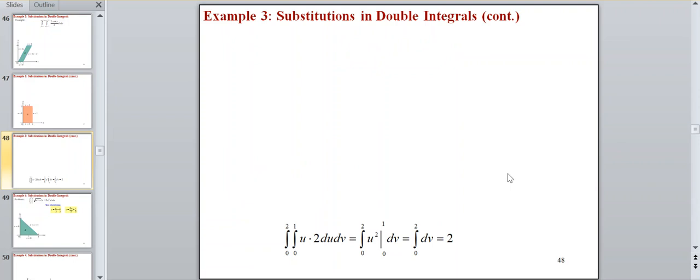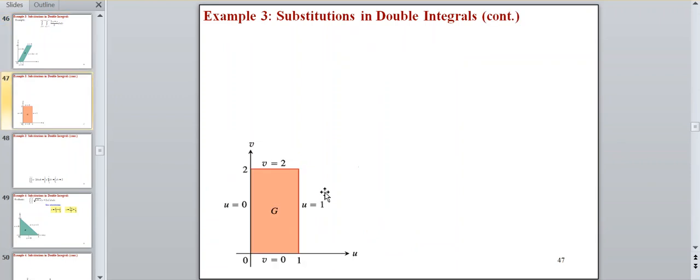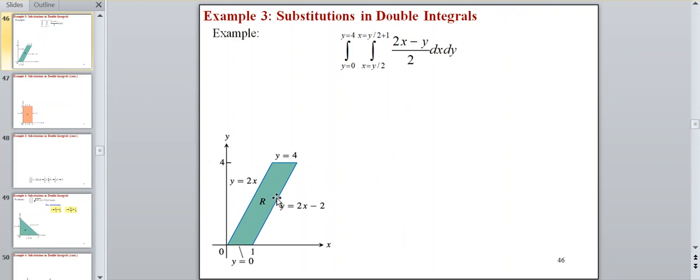But you may wonder how to get the region G from region R under this substitution. Just like the previous example I explained to you, I leave it to you to figure out as an exercise.